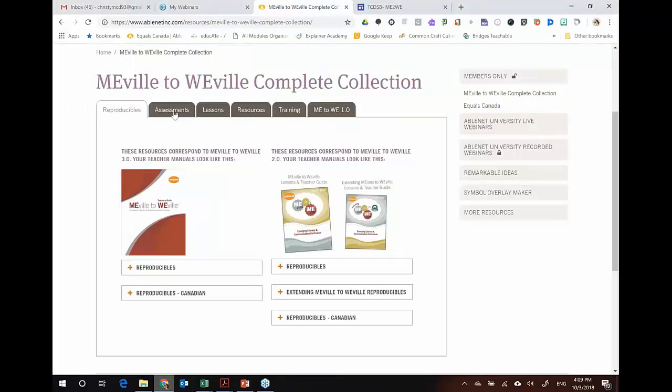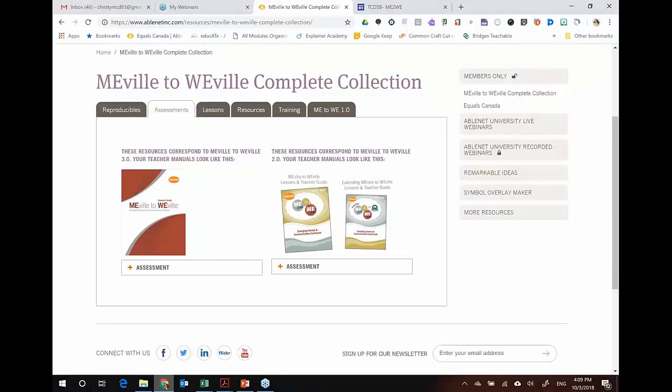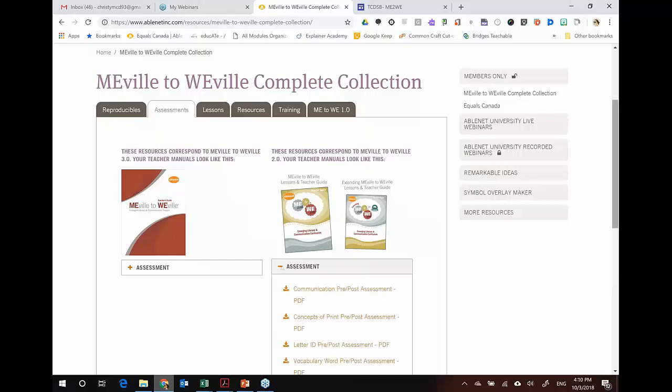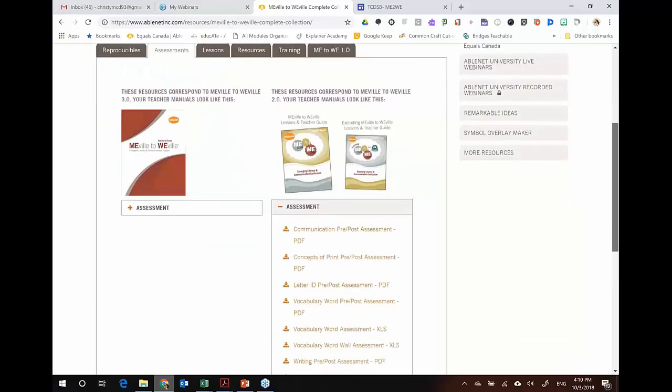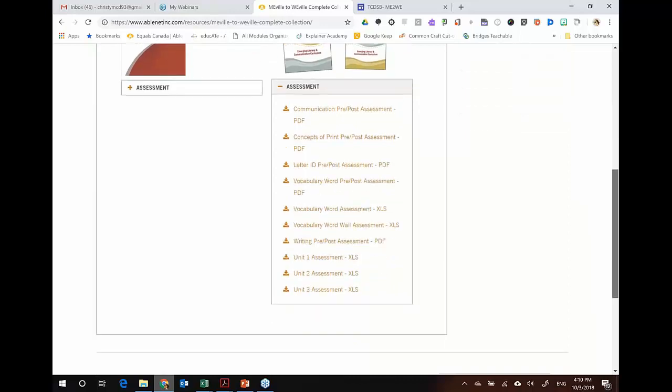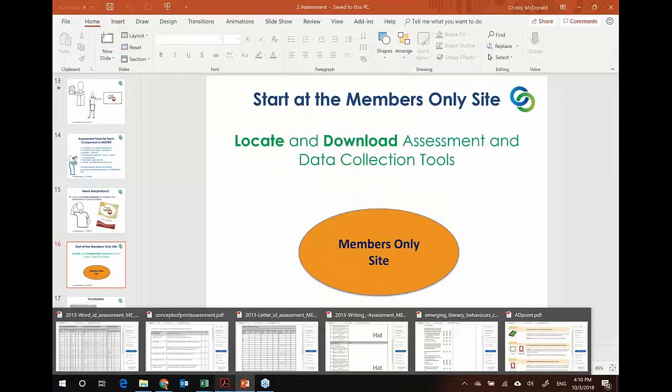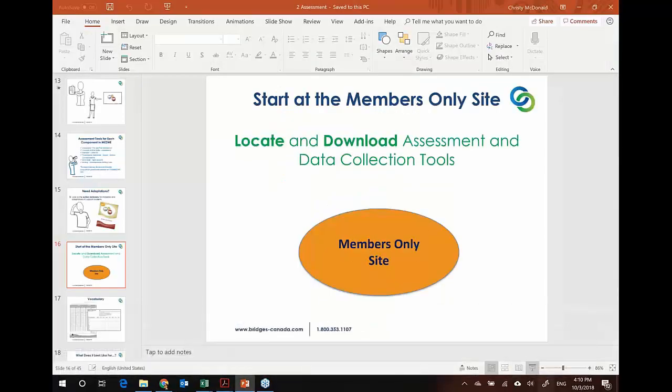Under the assessments tab, I'm going to click on the assessment plus sign here, and all of the assessment tools and data collection tools are located here. So you would click on each one of these, download them to your computer, and then print them off. Now I've already done that, and so I'm going to walk you through each one of these as we move along here.